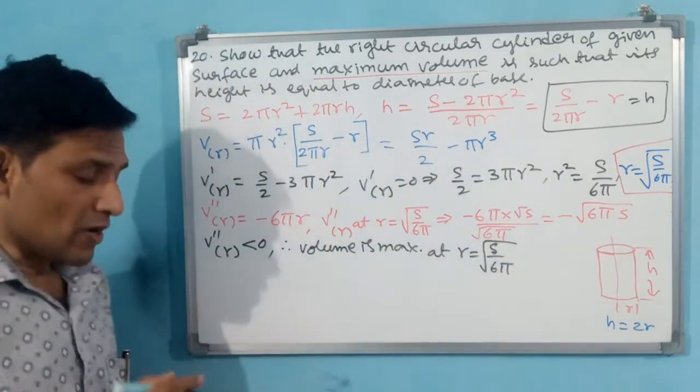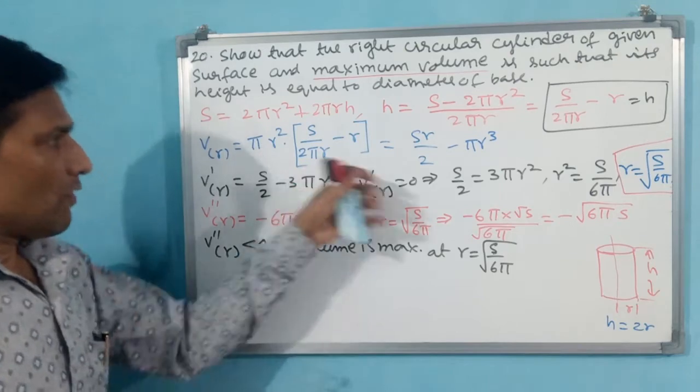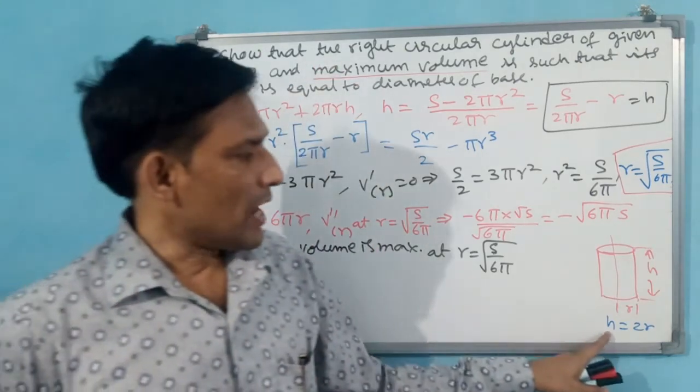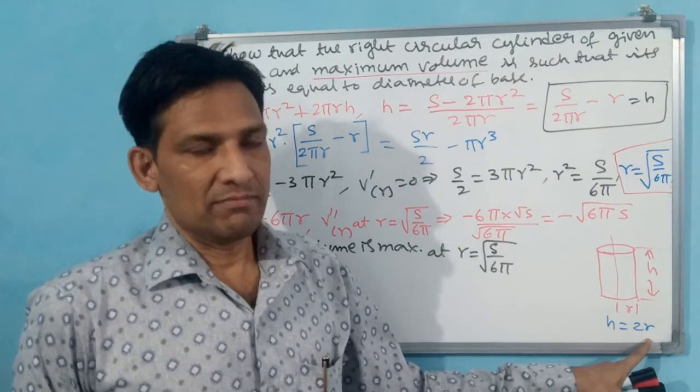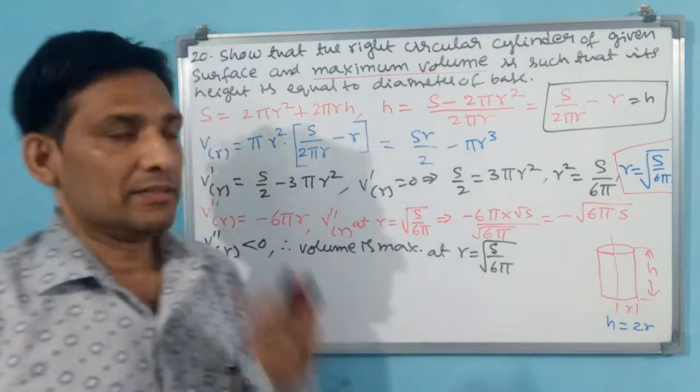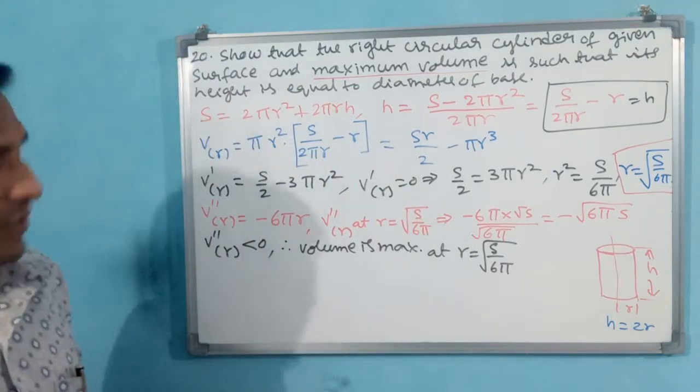Okay, this is over. Now, all you have proved, but finally what you have to prove? Finally you have to prove height is equal to the diameter, that is, height should be 2 times the radius. See what I am writing.